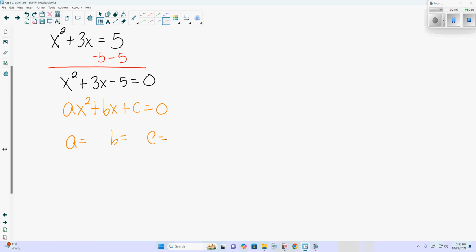Ax squared plus bx plus c. A is the number in front of x squared, and what's our number in front of x squared? Number in front of x squared is positive 1. Number in front of x, b, positive 3. And the number for c, negative 5.